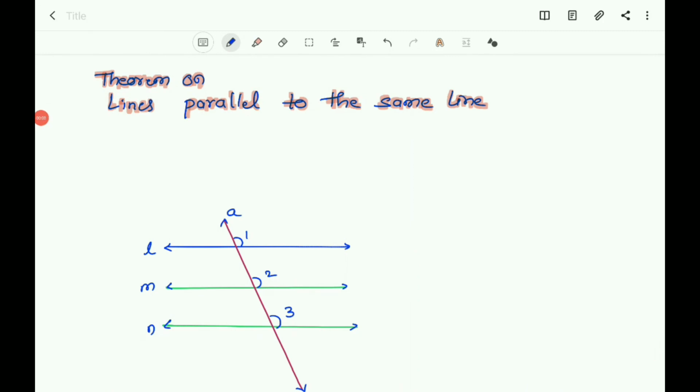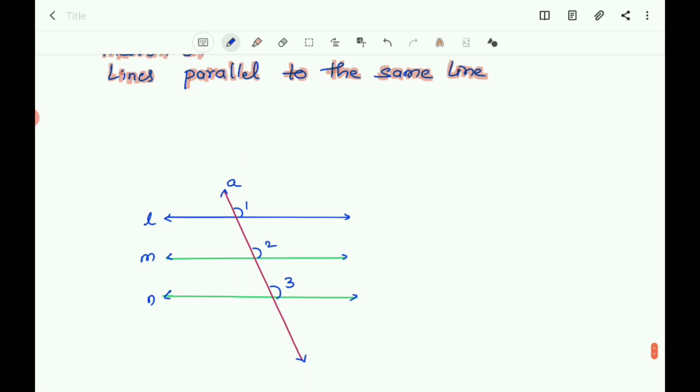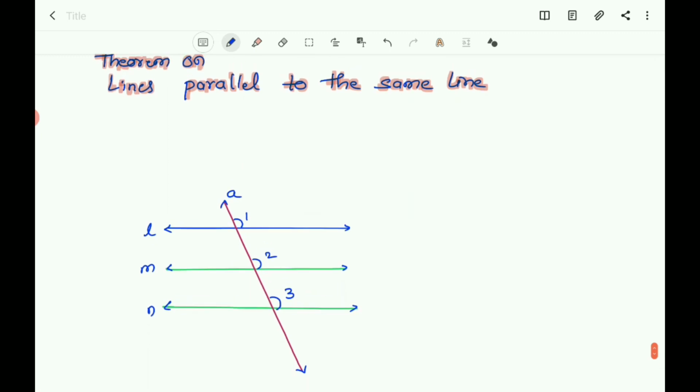Now let us discuss the nature of lines parallel to the same line. Here there are three lines. They are in such a way that the line M is parallel to L, and the line N is also parallel to L. Now what about these lines M and N?